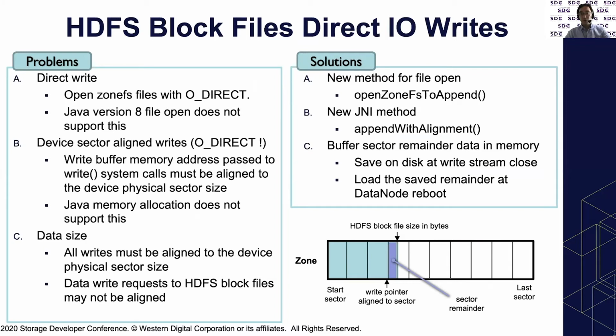There are three problems about direct I/O write. The first problem is that the zone files must be opened with the O_DIRECT flag. However, Java Standard File Open does not support it at its version 8. File Open for Direct I/O was supported with Java version 10.